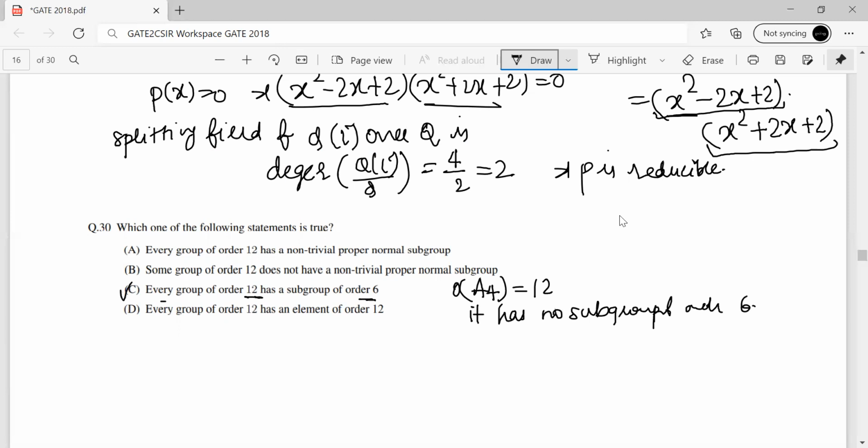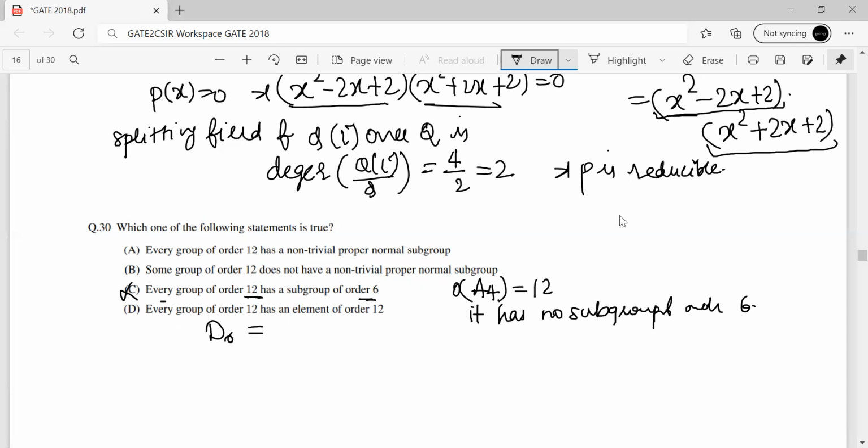So this is wrong. Every group of order 12 has an element of order 12. You can take D6, the dihedral group. D6 has no element of order 12. One second, D6 is of order 12, right?